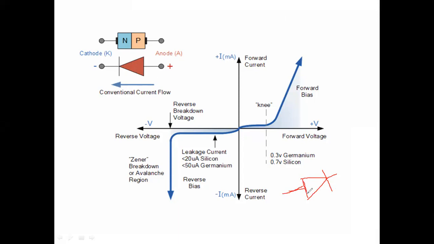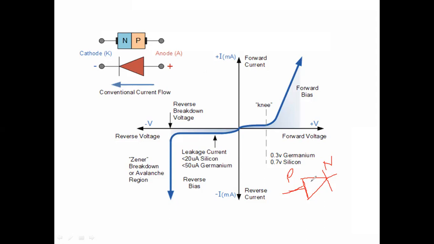This is the P side and this is the N side of the junction diode. This arrow indicates the direction of the current, that is, the conventional current flow, from P to N.